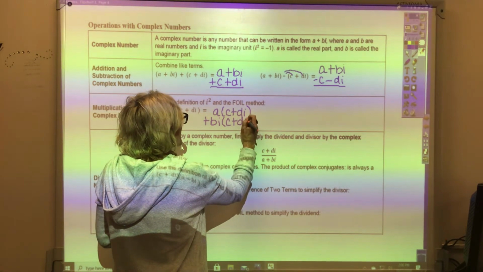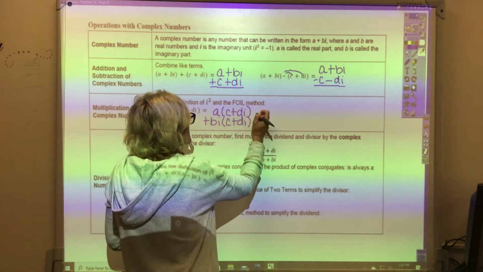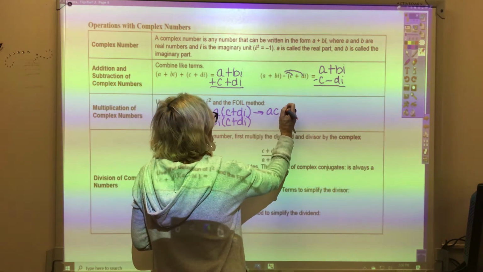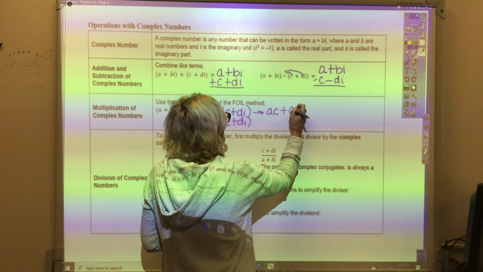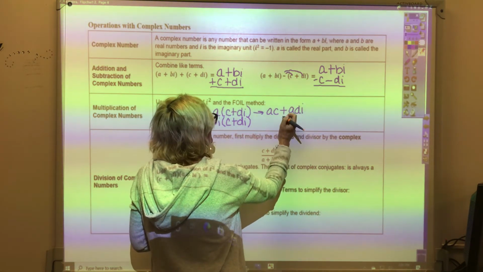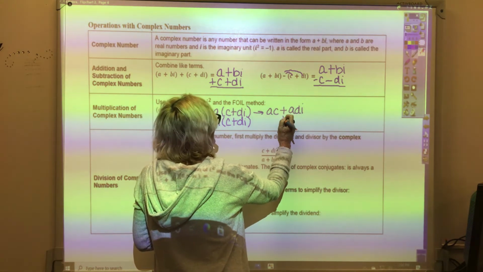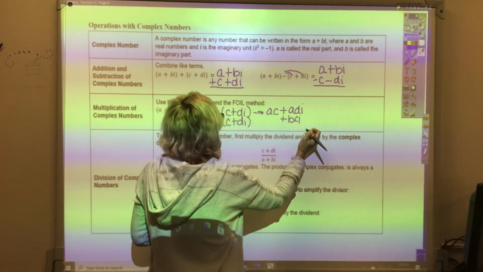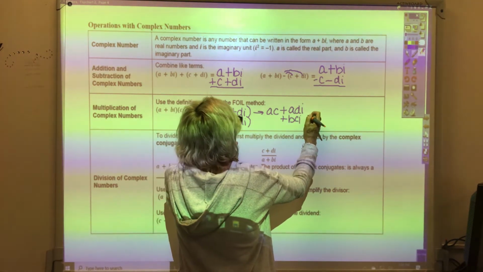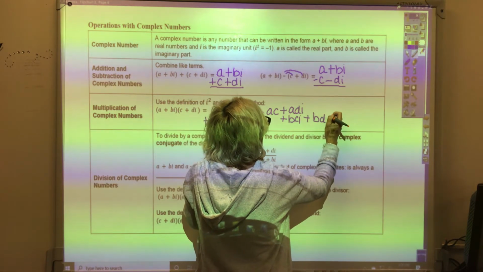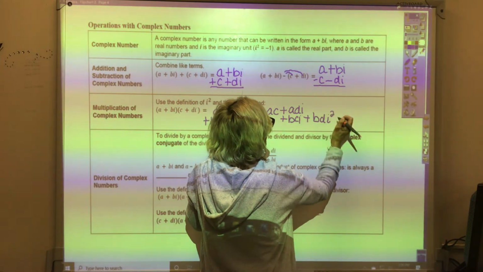And then I am going to distribute. So I would have ac plus adi, and I'd have plus bci plus bdi squared.